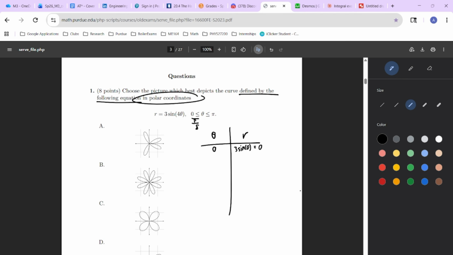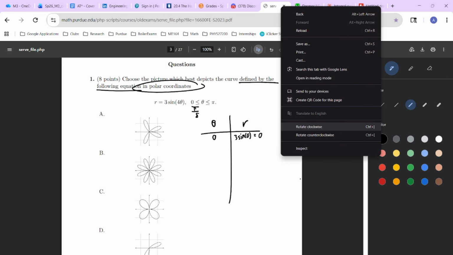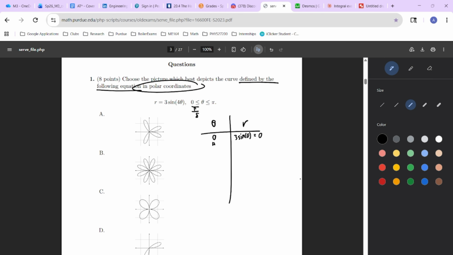I'm actually going to do 9 of these data points. For π/8, that would be 3 sin(π/2). That would be 1. Oh, sorry, that would not be 1, that would be 3. Then we have 2π/8, which would be 3 sin(π).